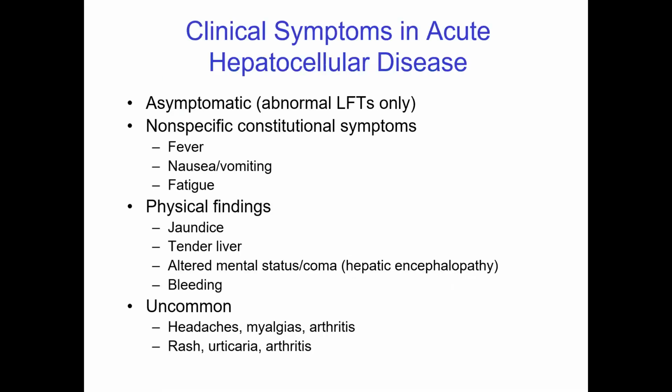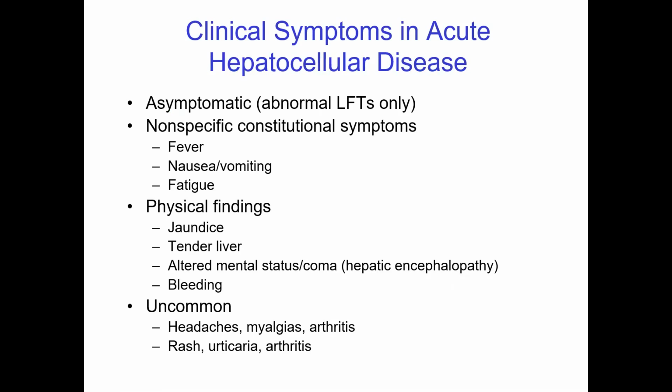So what are the clinical symptoms in acute hepatocellular diseases? Usually they are asymptomatic. However, they can have abnormal liver function tests like elevated transaminases in the blood.